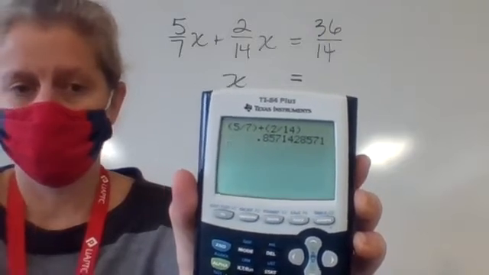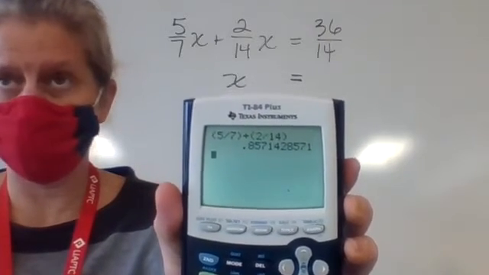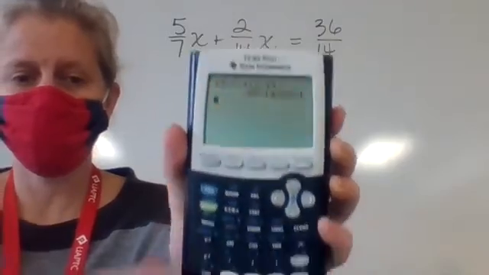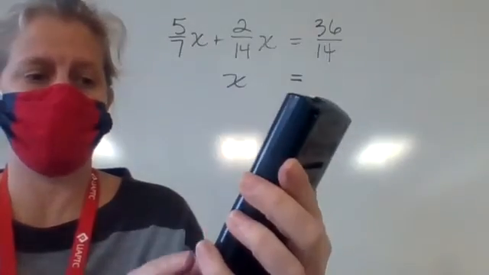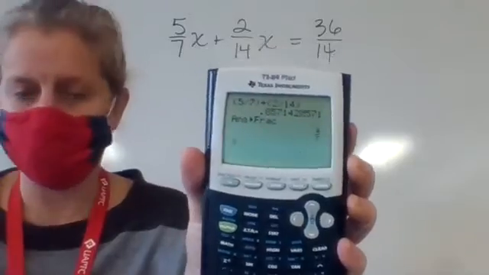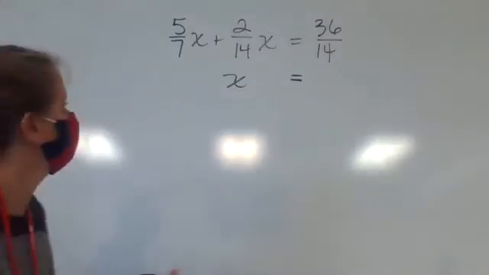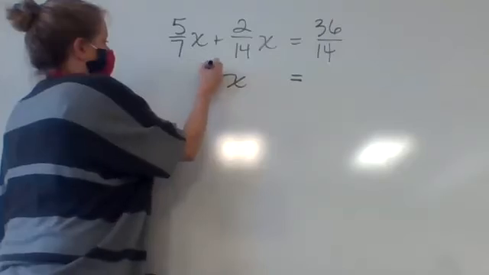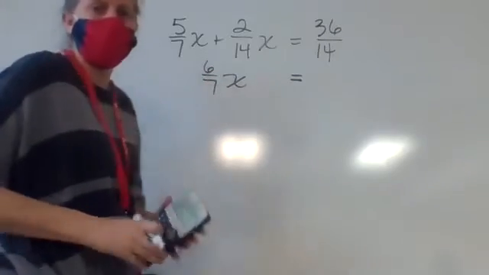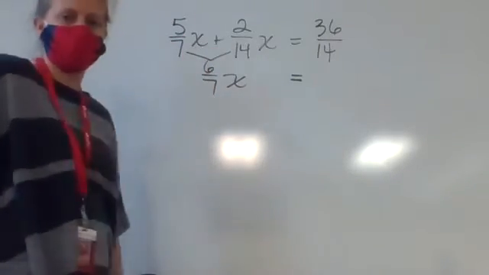Is that what y'all got? 0.85714 something? Don't want anything to do with that, right? What am I gonna do? Math, enter, to see how much X I have. So when I put these two together, I've got 6/7 X.